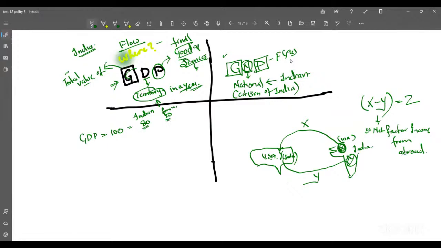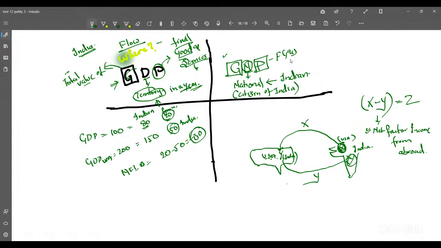And GDP of USA is 200 rupees. And 150 rupees is by the citizens of USA, and 50 rupees is by citizens of India. In this case, this 20 rupees will go out and this 50 rupees will come in. So here, the net factor income from abroad would be 20 minus 50, which is equal to minus 30. Are you getting the point?